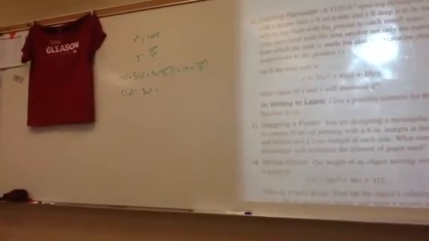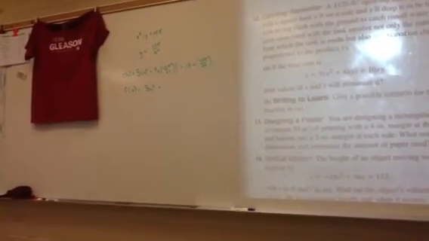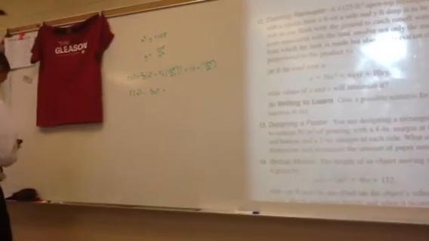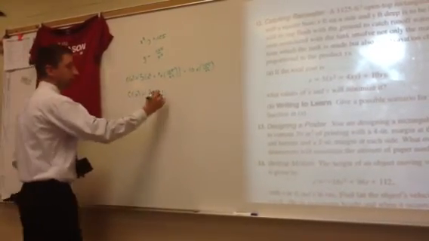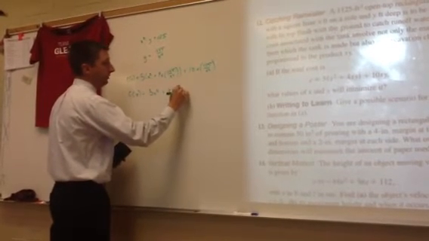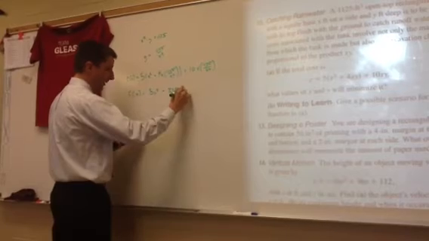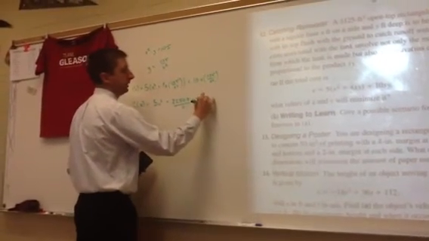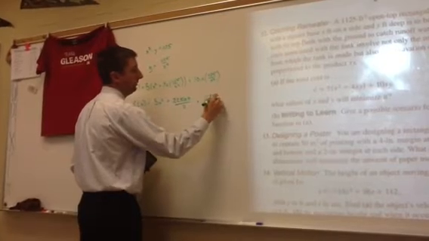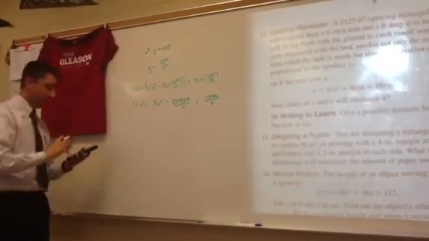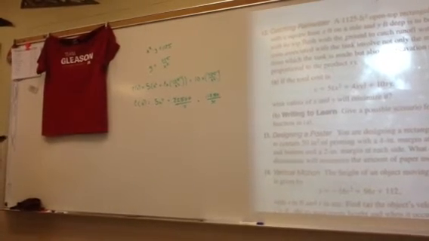I'm tired. 4,500, or 22,500 over X plus 11,250 over X. So I can add those two together.